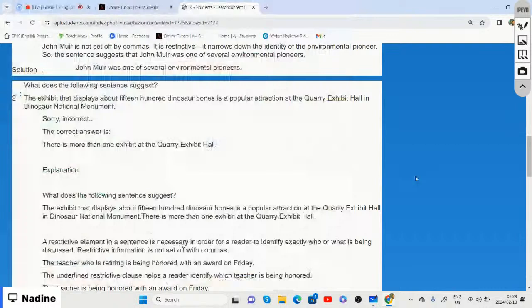This sentence suggests that there is more than one exhibit at the Quarry Exhibit Hall.